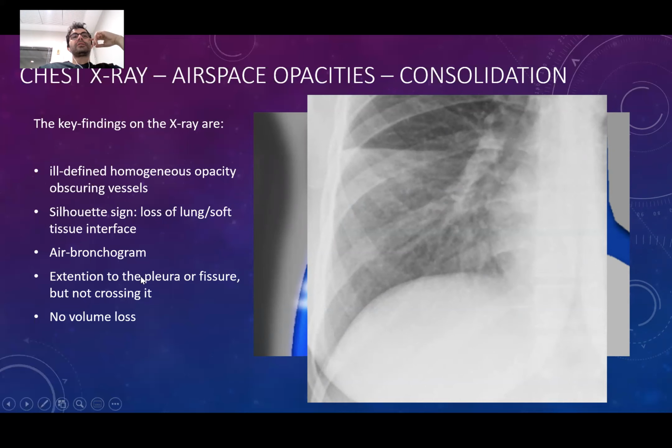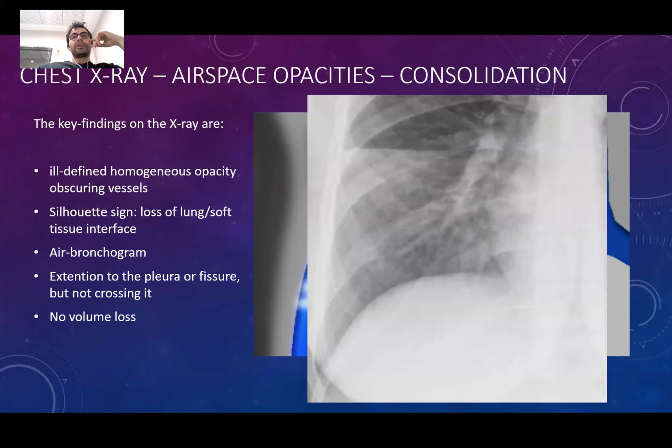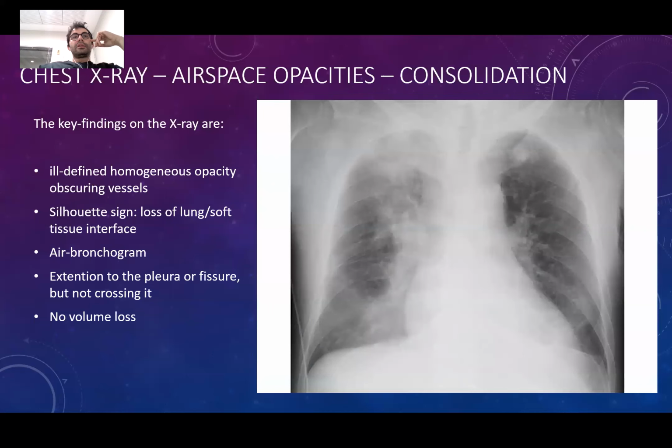It will extend to the area which it is limited by, the fissures, but it will hardly cross them, because it is located in the alveoli, and there will be no volume loss. For example, in this case I'm seeing areas of hazy appearance inside the right lung. The left one is normal, so the borders are not very clear.